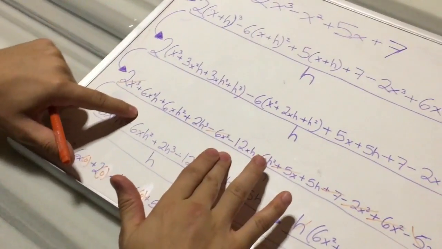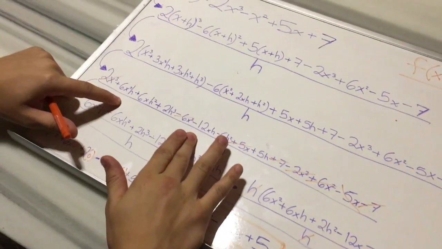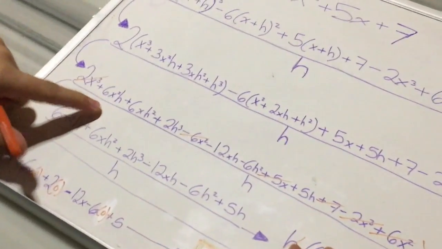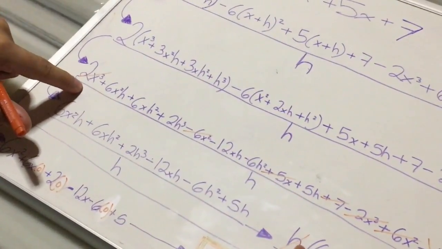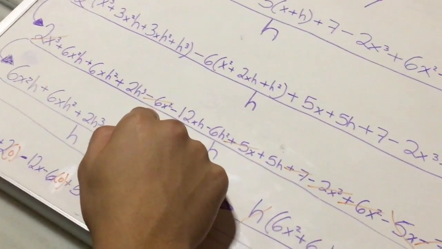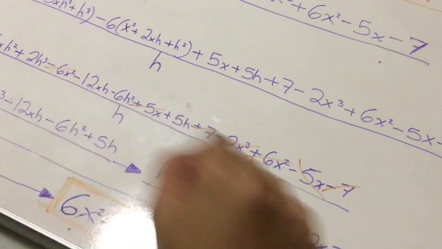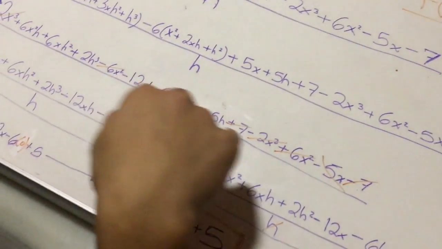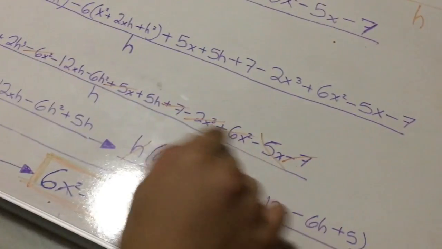Then it gave us this, so we cancel opposite like terms, as in here the 2x cubed with the negative 2x cubed, the negative 6x squared with its opposite, the same as with 5x and with the 7.